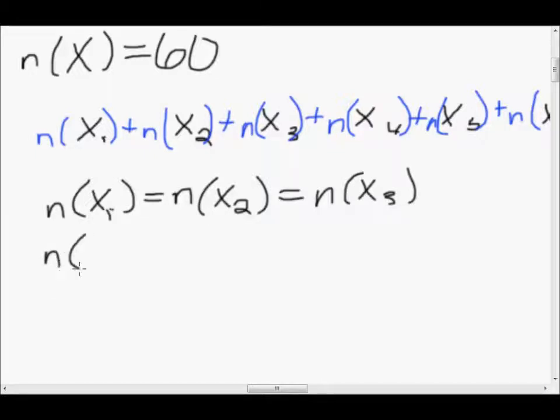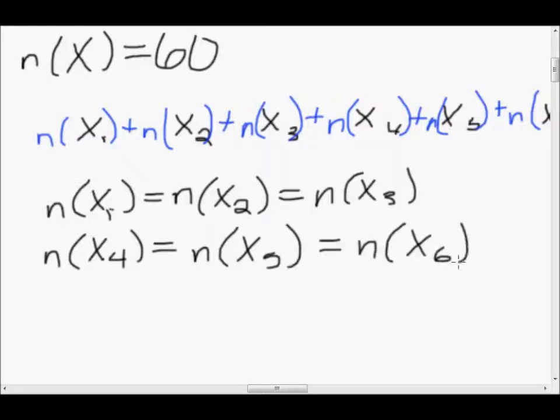And the number of things in X4 is equal to the number of things in X5 is equal to the number of things in X6. So again, here's another size of slice, but they're all three the same size. X1, X2, and X3 all have the same number of things in them, and X4, X5, and X6 all have the same number of things in them. That's what they're telling us here.